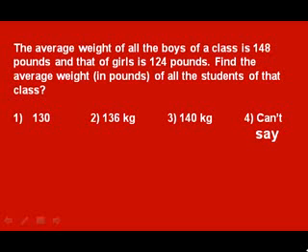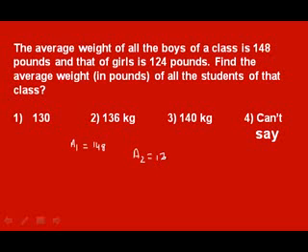In this question, the average weight of all the boys of a class is 148 pounds and that of girls is 124 pounds. We have to find the average weight of all the students in the class. So now just putting into this expression, we have a1 as 148 and a2 as 124.